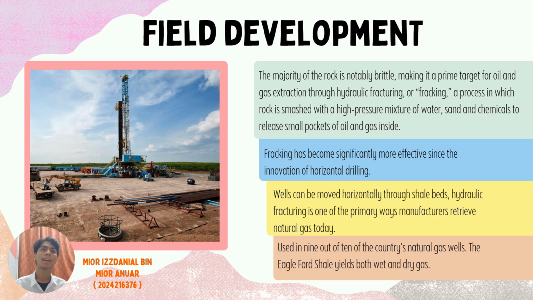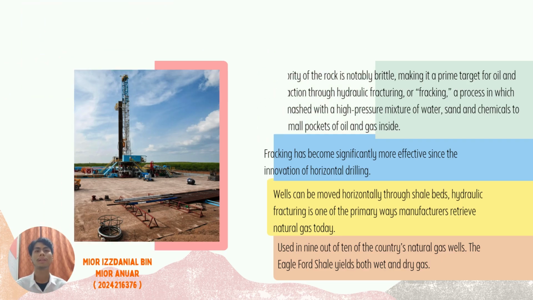Hydraulic fracturing is one of the primary ways to retrieve natural gas today, and it is used in 9 out of 10 natural gas wells, while the Eagle Ford shale yields both wet and dry gas.